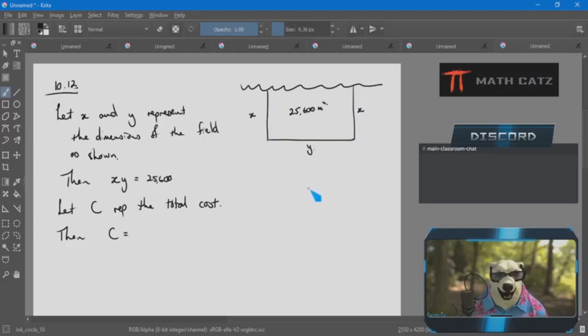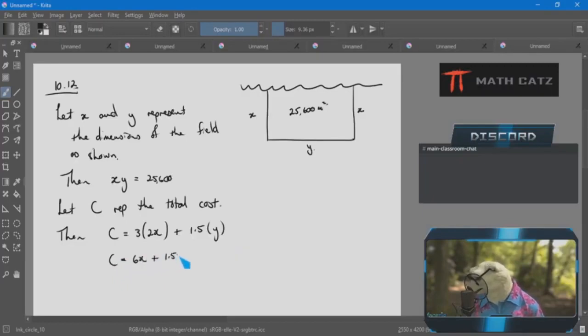It is $3 per meter for the two ends. So $3 per meter, I have 2x meters of fencing on those sides. $1.50 per meter for the side opposite the existing fence. So $1.50 times that length, which is just a single y. Now I can clean this up for sure. 6x plus 1.5y, and that's pretty much it.